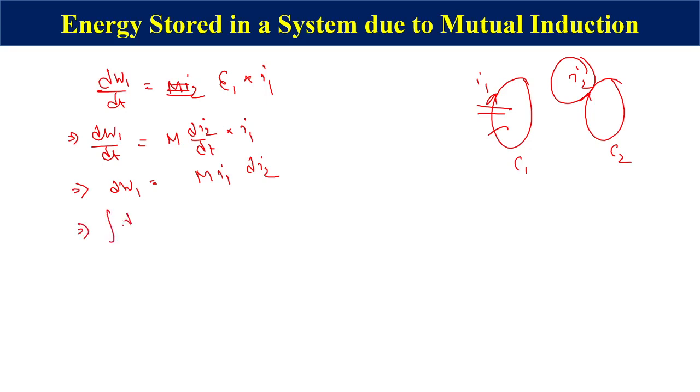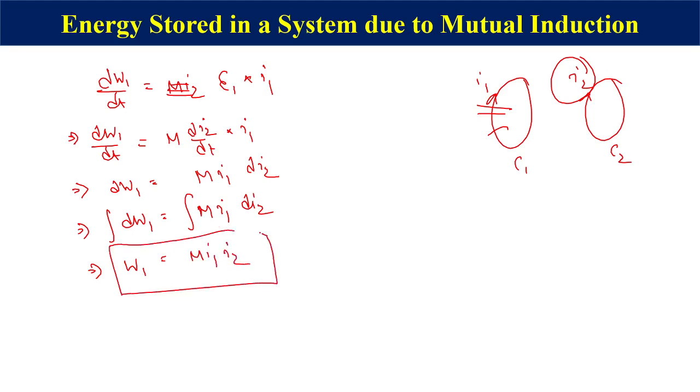If you integrate it, you get W1 equal to M I1 into I2. You get the same expression as in the previous case. So W1 is M I1 I2, and W2, the work done by the current I2 to flow against the induced EMF in circuit C2, is also M I1 I2.